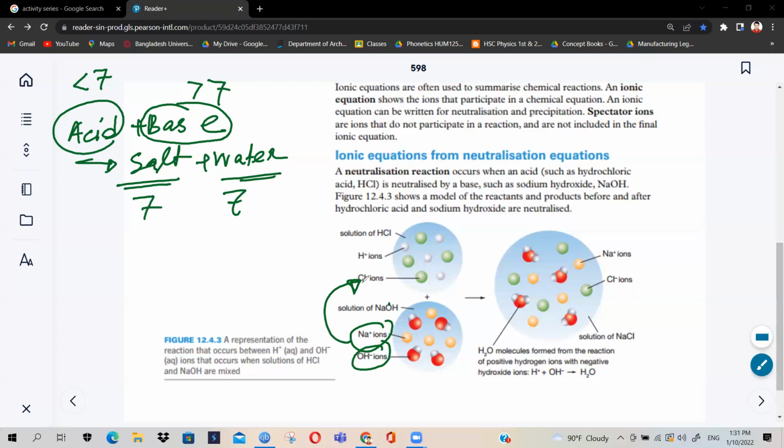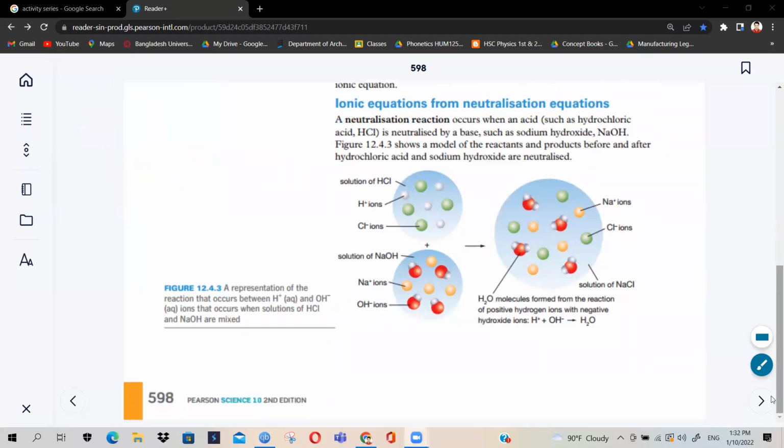Why is it so? Sodium is more reactive than hydrogen. Exactly. So sodium is able to replace hydrogen, and then sodium chloride is formed, and water is also formed. H2O molecules are formed from the reaction of positive hydrogen ions with negative hydroxide ions. And also for sodium chloride, sodium plus ion and chloride ion. So these are very easy things, not that difficult.